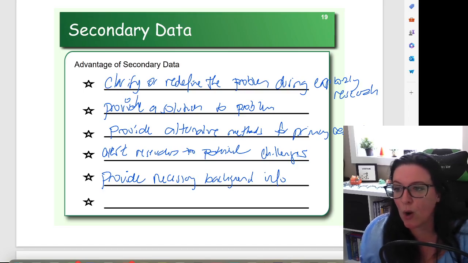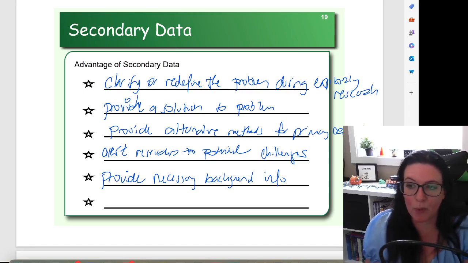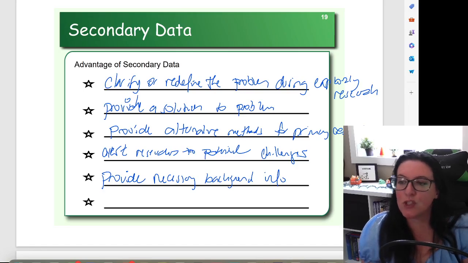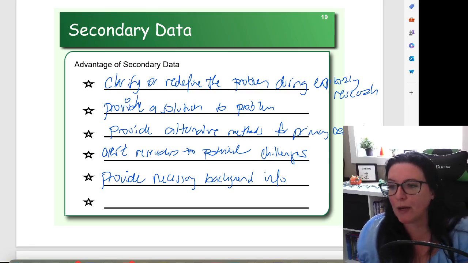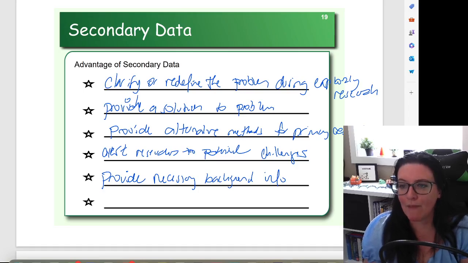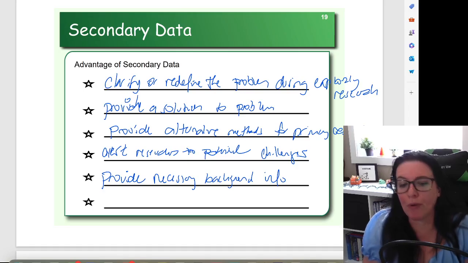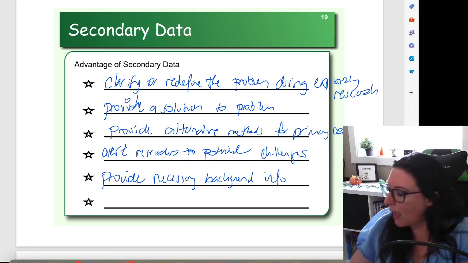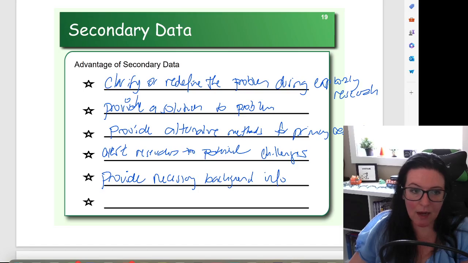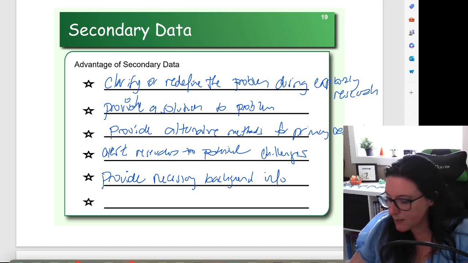What else do we know about the particular group of people we're interested in? This adds credence to our final research report, as we have this additional information to combine with the primary data we collect. And finally, the advantage of secondary data is that it can provide us with what we call a sample frame.